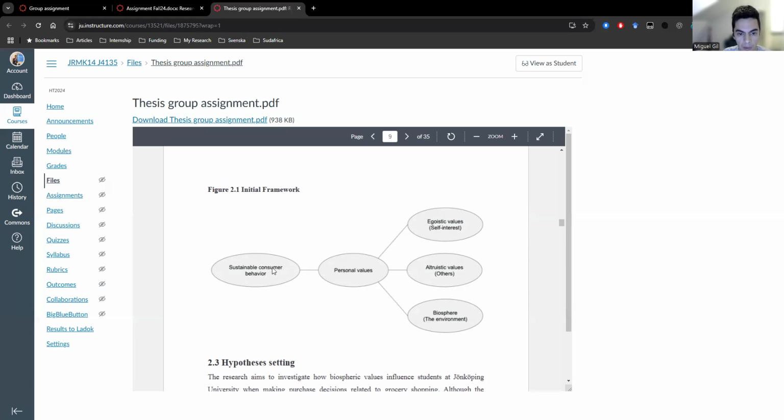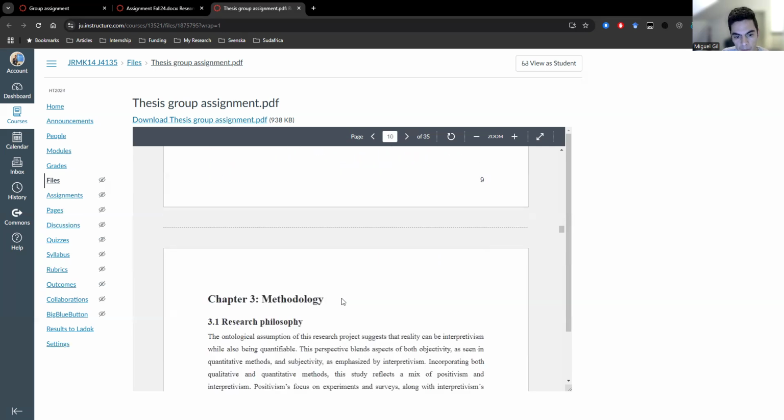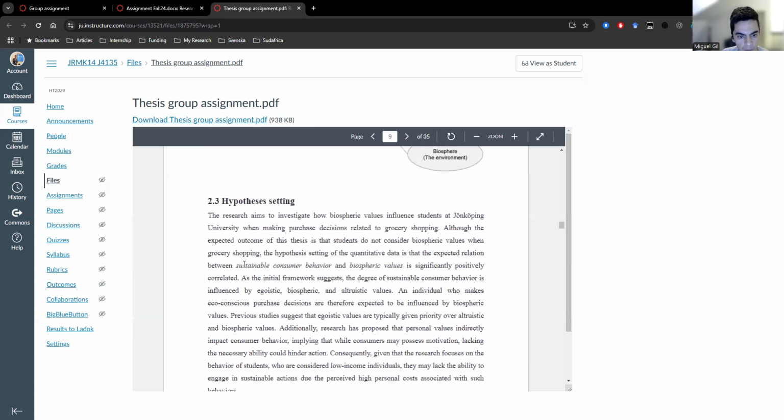So they have sustainable consumer behavior, and I think they have biospheric values in here, and then they explain there is something in between and something connected to that. So it's a very complex, interesting map that they prepared. And finally, they also set their hypothesis, which is in here, I think. Yeah, I think it's in here.